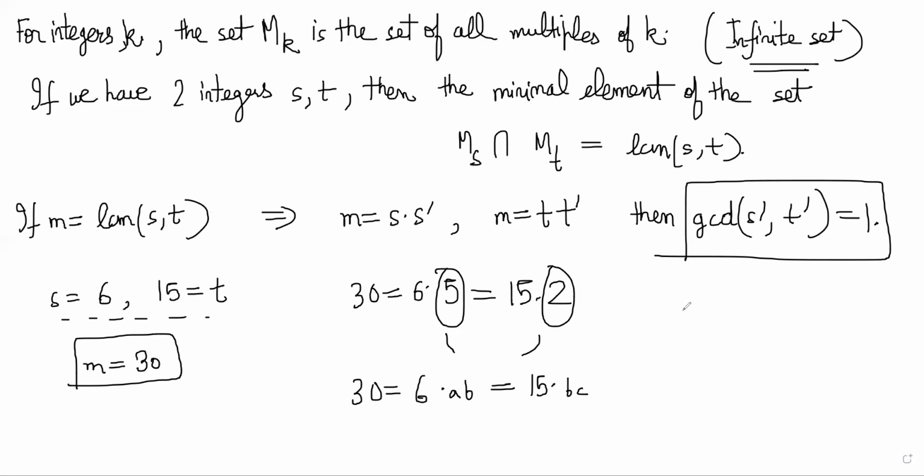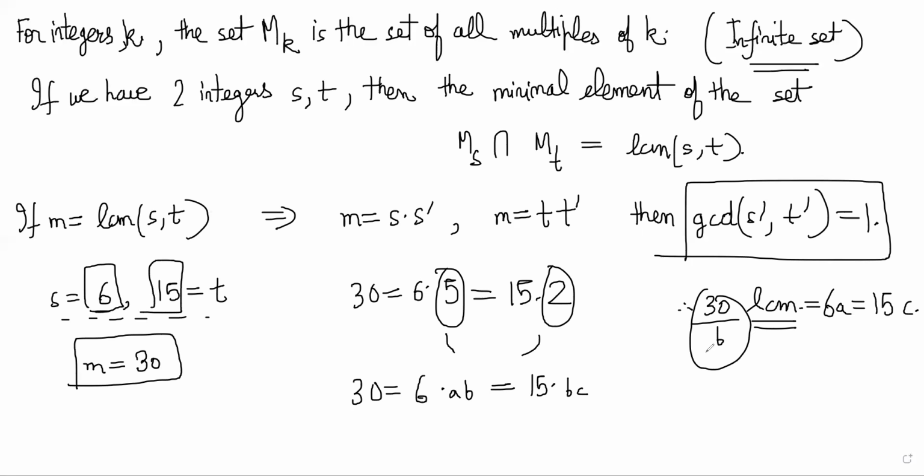So I could have instead said 30 by B is my least common multiple, because then that would have been 6A and it would have been equal to 15C. So we are still getting 6 and 15's common multiple, but it would have been 30 by B instead. So if your GCD of S dash and T dash is not 1, your LCM will be lower, right? So that is one property that is important.